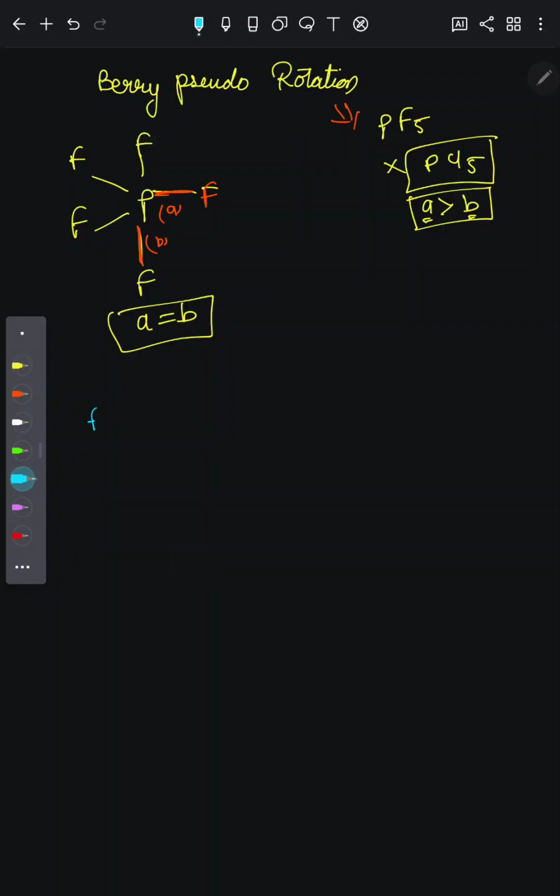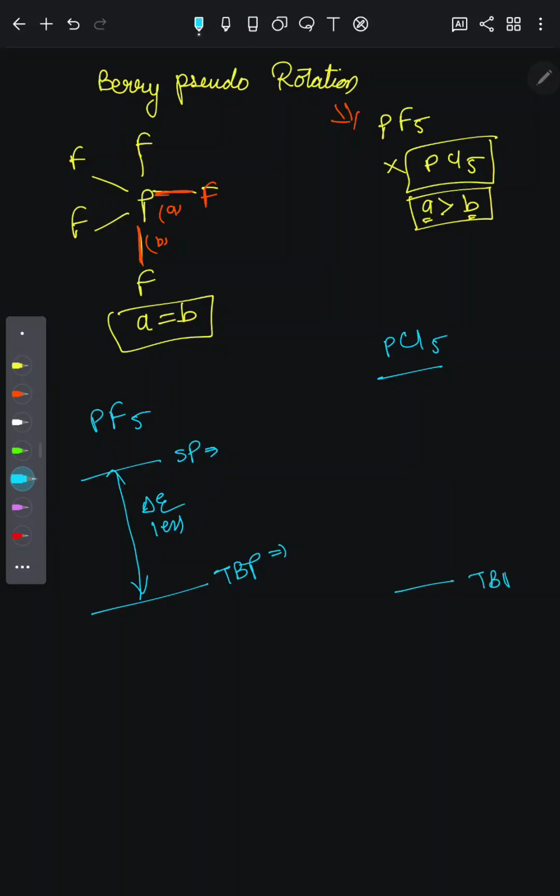In PF5, the energy difference between the square pyramidal and the trigonal bipyramidal is very small. And in the case of PCl5, the energy difference between the trigonal bipyramidal and the square pyramidal geometry will be large. So delta E here will be large. So we cannot see Berry pseudo rotation in the case of PCl5.